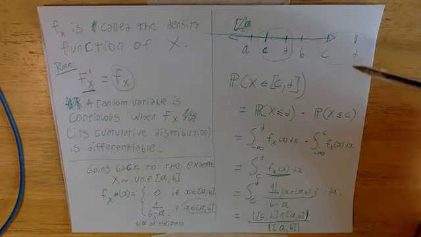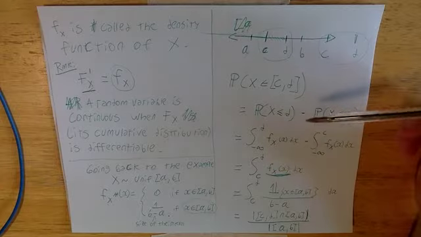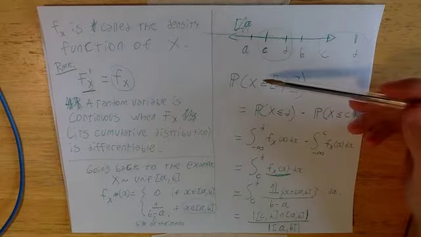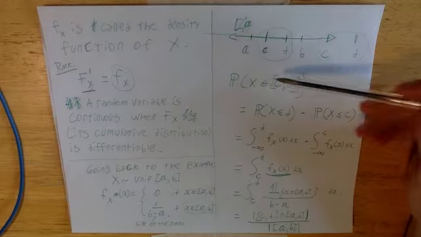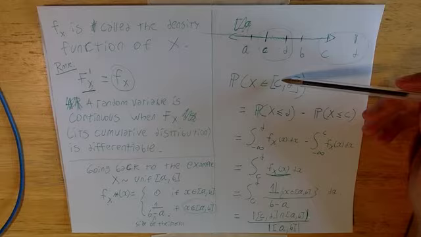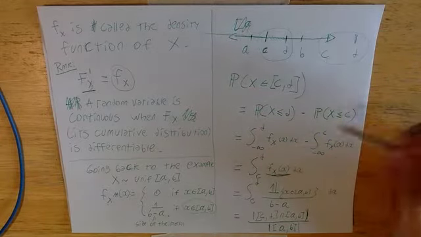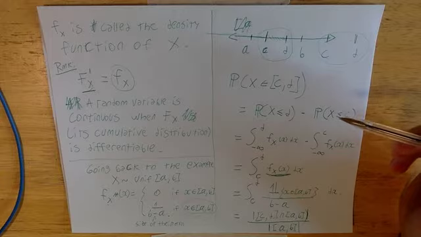Okay, and so this is, if you have access to the density function f, how you figure out the probability that your random variable is in a particular interval. To check if your random variable is in a particular interval, you just integrate your density function over that interval.